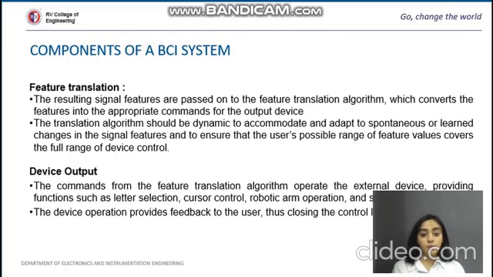The device output, which brings us to the final component and the main intent of this entire procedure, that is the output devices that are being controlled, which can be a cursor or a letter selection or a robotic arm or anything and so on. The output from these devices is later fed back to the user, which closes the control loop.